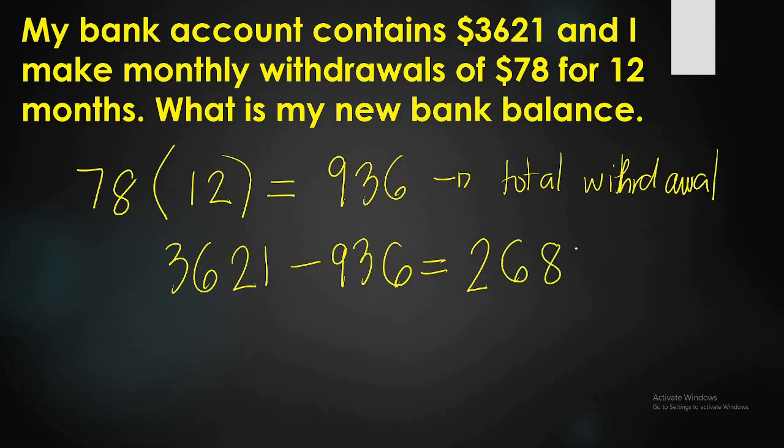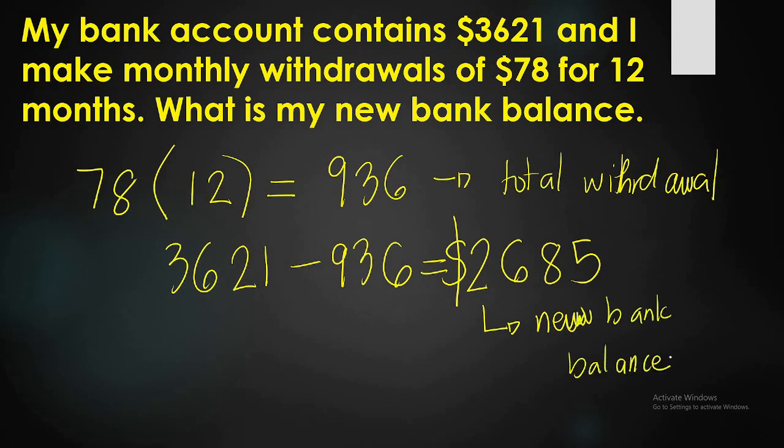Unsa to? 2,685. This is the new balance. This is the new bank balance. Mao na ni nahibilin sa iyahang money sa iyahang bank account. Okay? Let's have another one.